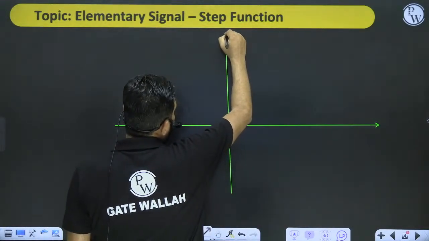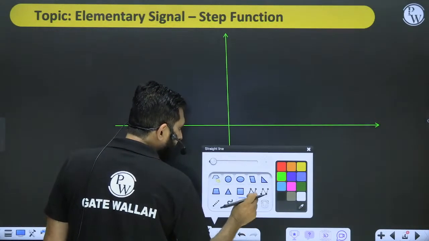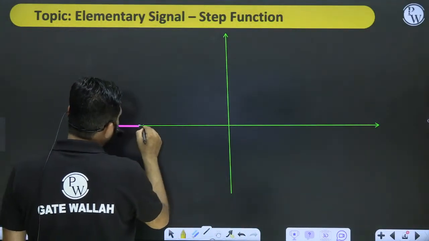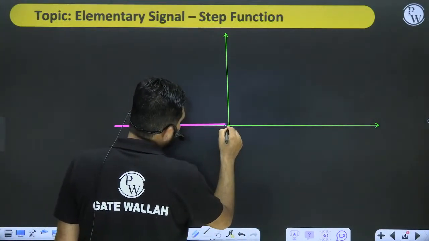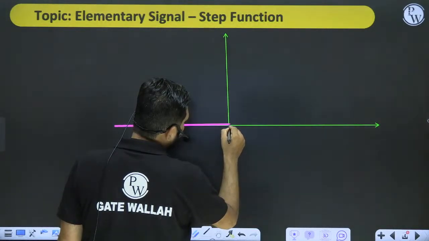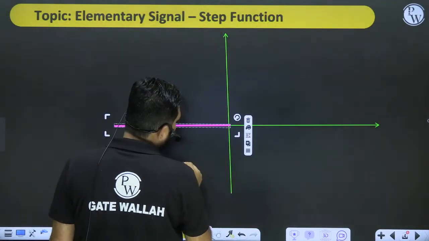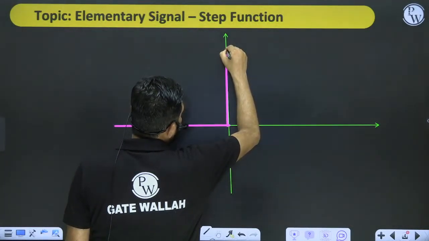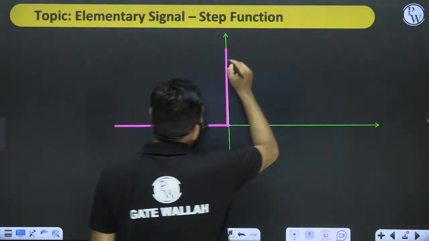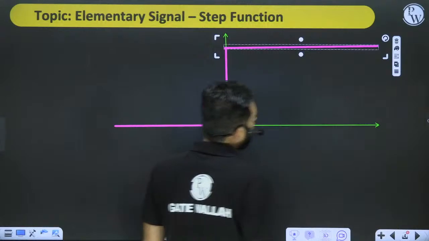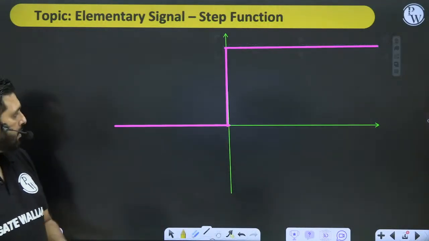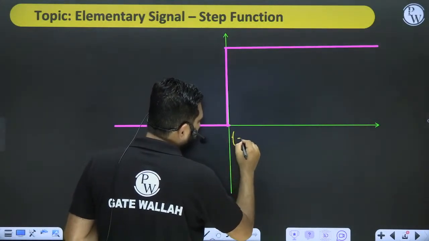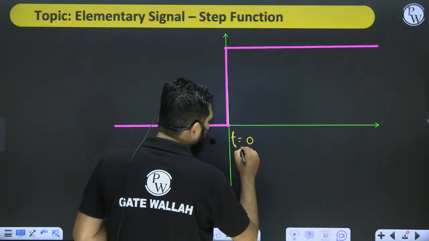Let's say this signal is 0 up to this time, and suddenly it jumps to some finite value and then maintains its value till infinity.